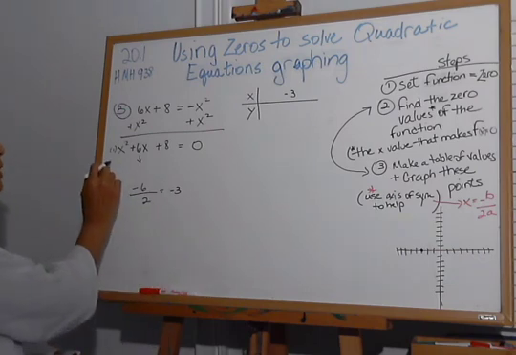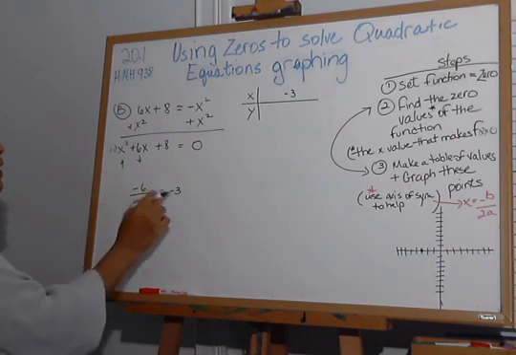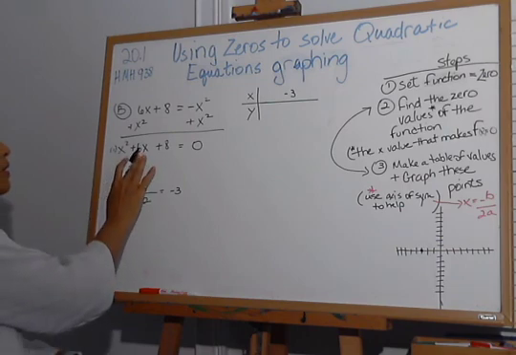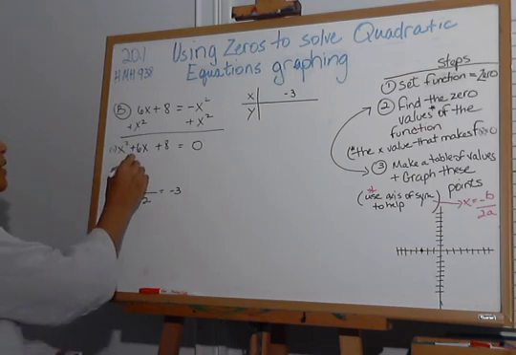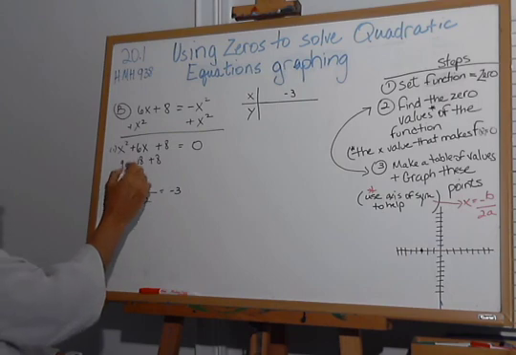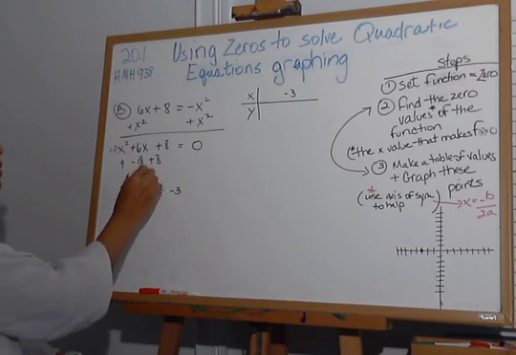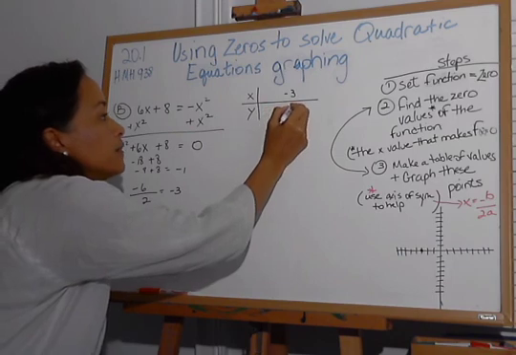So if x is negative 3, negative 3 times negative 3 is 9. Negative 3 times 6 is negative 18, plus 8. If I add that up together, 9 minus 18 is negative 9 plus 8, negative 1. So that is my minimum.